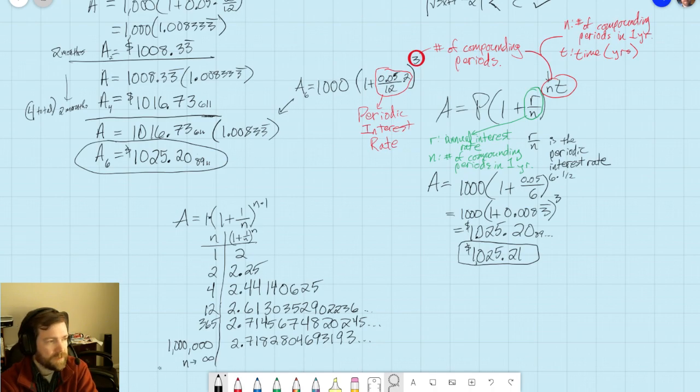So as n approaches infinity, this value does approach a very specific value. So this is going to approach 2.7182818459045 with many, many more numbers, an infinite number of numbers after this.